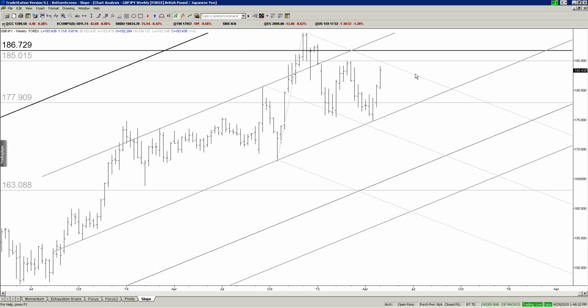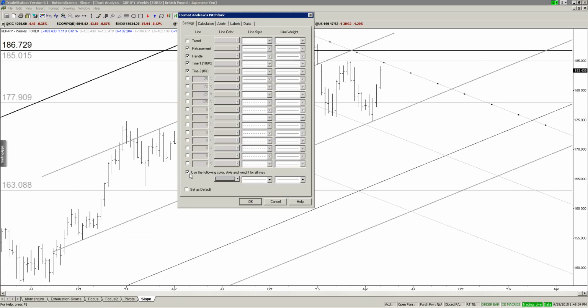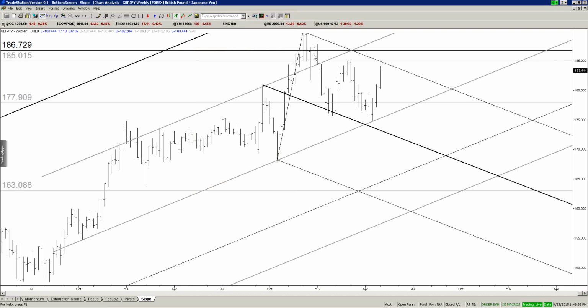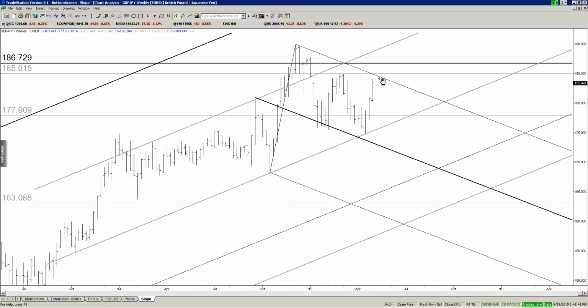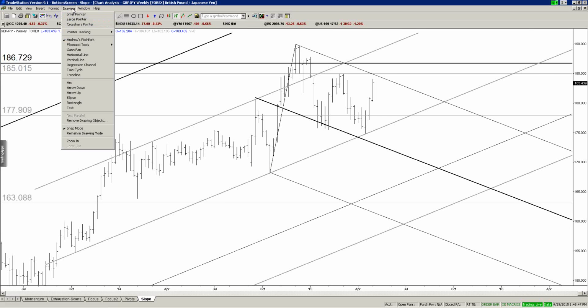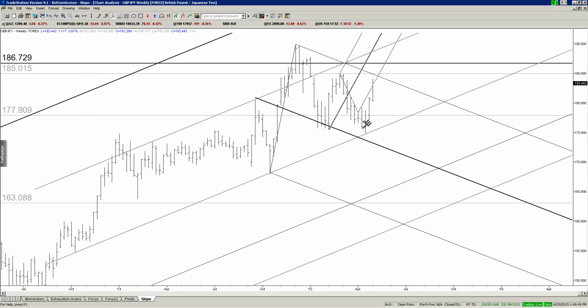So there's a couple things to watch here. Obviously, we're coming up on a slope that I would watch. Right here, we did find support on that median line. If you look at the bullish slope here, we're already at that level.